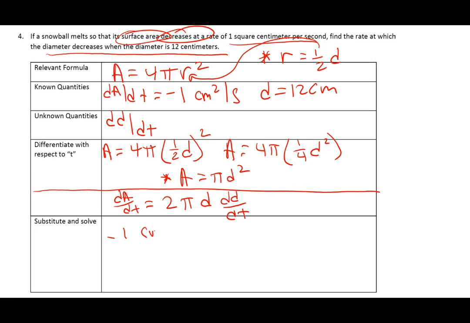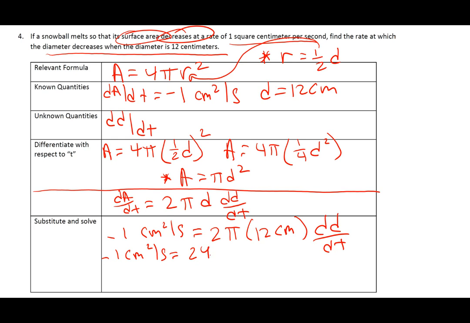So negative 1 centimeter squared per second is equal to 2 pi times the diameter at exactly 12 centimeters, times dD/dt. So negative 1 centimeter squared per second would be equal to 24 pi centimeters times dD/dt, which means ultimately that dD/dt would be equal to negative 1 over 24 pi.